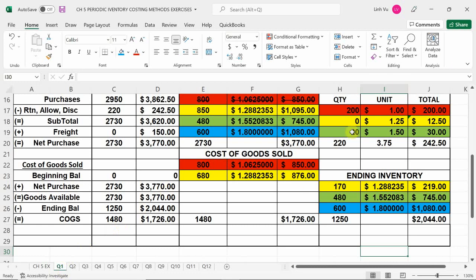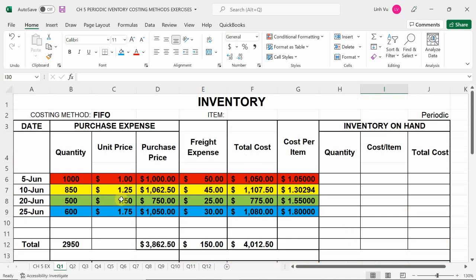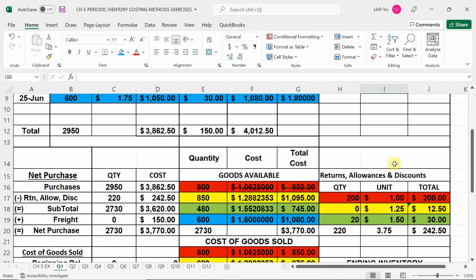So again, this is my ending inventory. I have 3 batches of my inventory: my yellow batch, my green batch, and my blue batch, okay? I have to transfer the exact amount over into my inventory worksheet in the exact order as well, because again, this order reflects the purchases that we made here, on June 10th, June 20th, and June 25th.